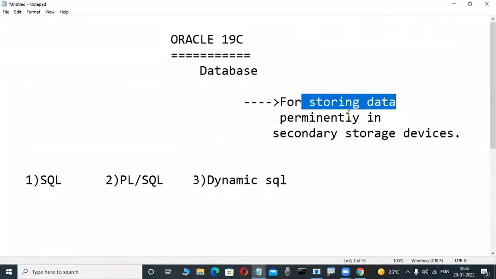Not only storing data, so many things are there. Databases are not only for storing data, but also efficient retrieval of data is important. Suppose, for example, observe the screen.